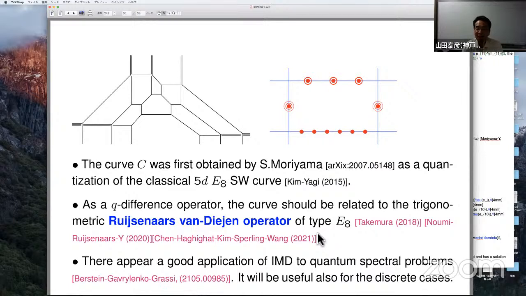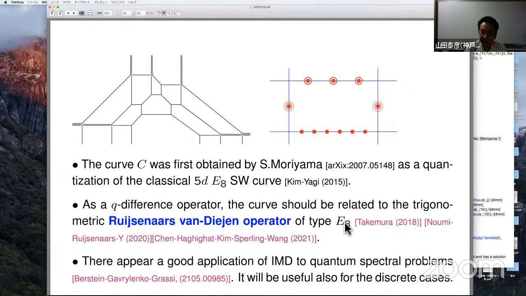In the classical case, this correspondence is known by the work of Takemura and Noumi and myself. But in the quantum realization, it is not known. And there is a nice application of the isomonodromic deformation to quantum spectral theory by Bonelli, Grassi and Tanzini. So I expect that this kind of formulation can also be useful for the discrete case for these quantum operators.